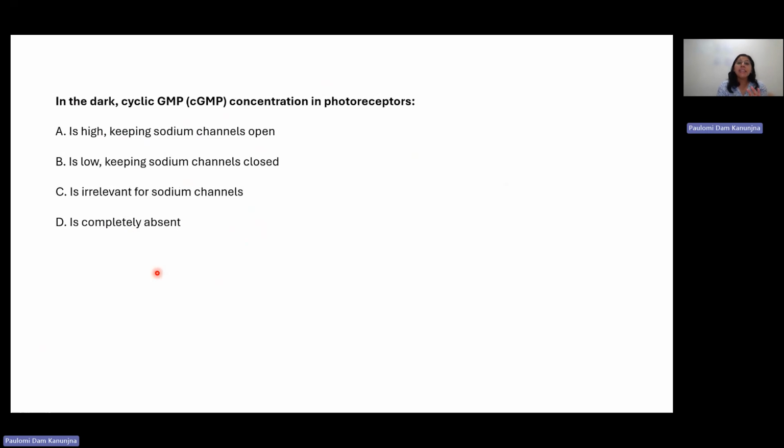Okay. Now in the dark, read this and analyze this and then try to answer. In the dark, cGMP concentration in the photoreceptor will be what? Read and then try to answer.